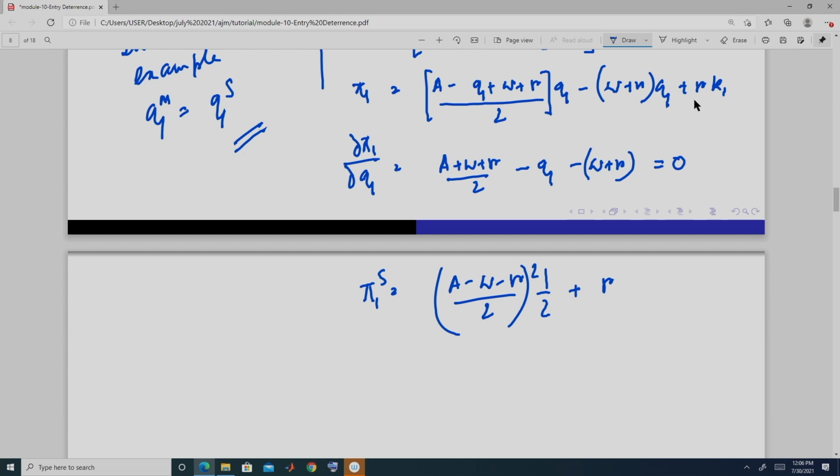So, you will get this only, because actually if you look at this term, K1 is actually equal to this Stackelberg output, and so that cost is borne in stage 1.